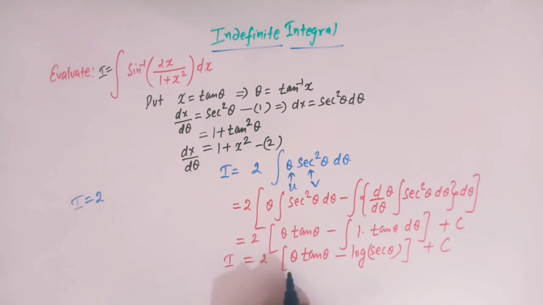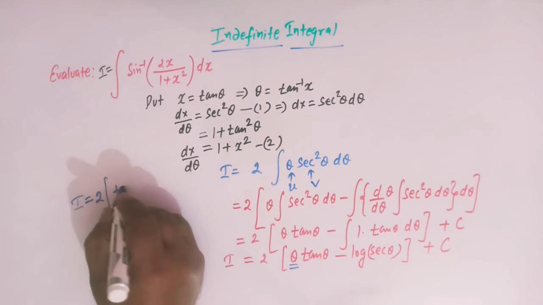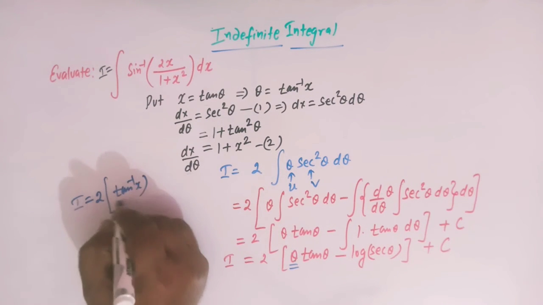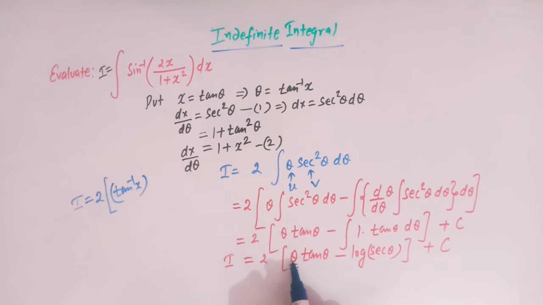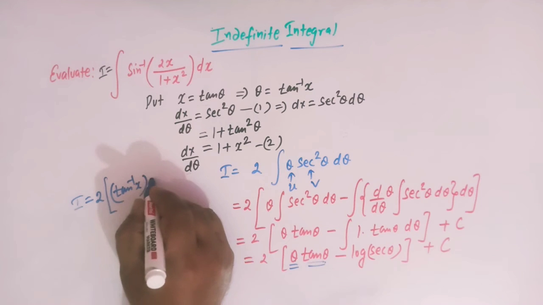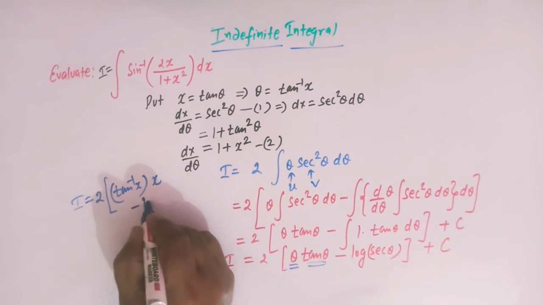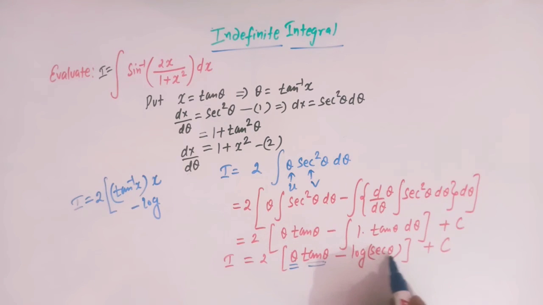We will make use of simple trigonometry to convert this function in terms of x. 2 times here we have theta, so for theta we can write tan inverse x, and for tan theta we can write x, then we have minus log of sec theta.